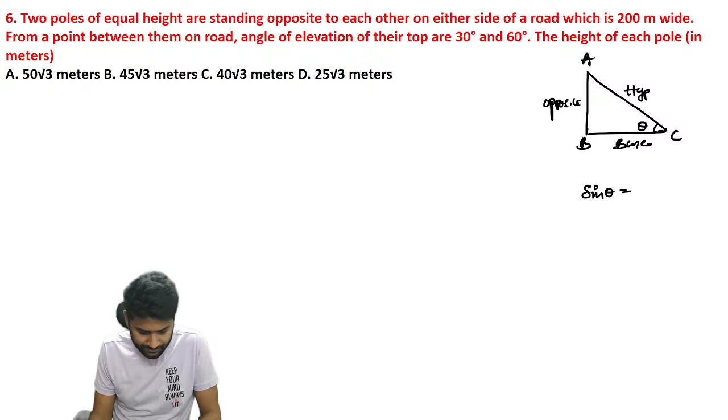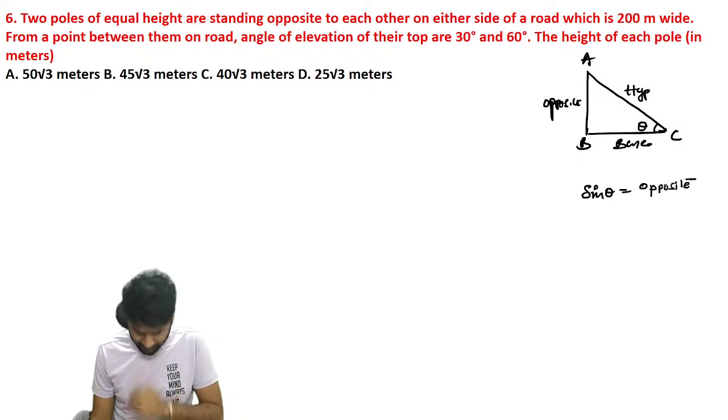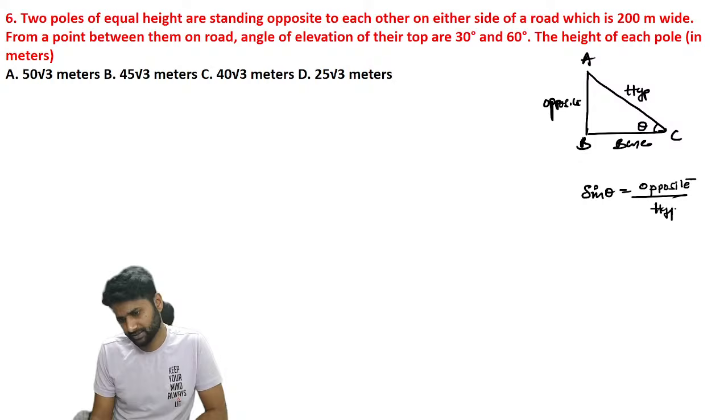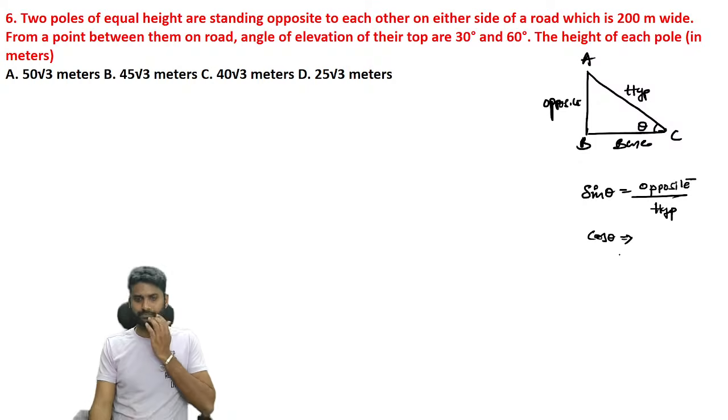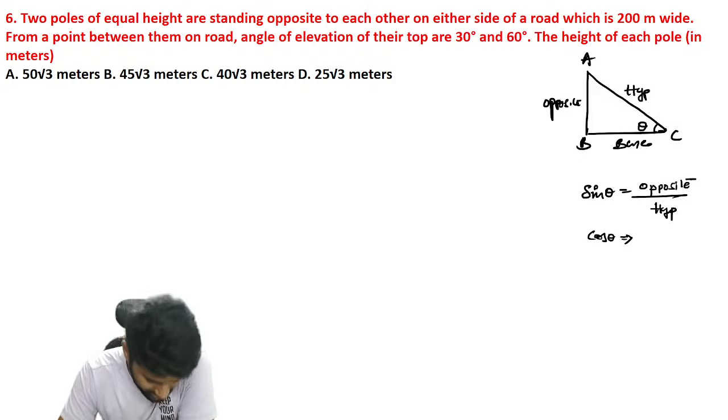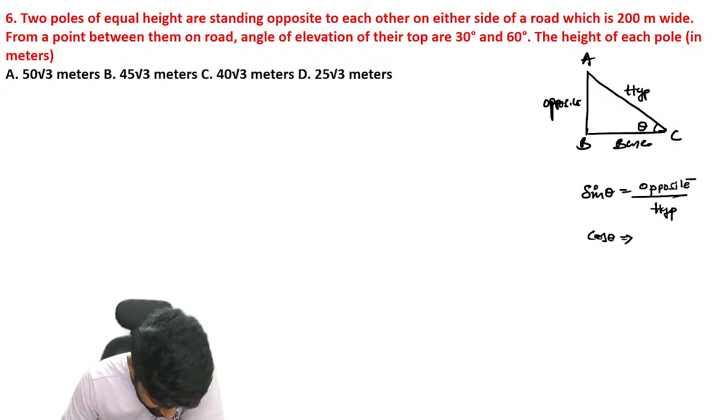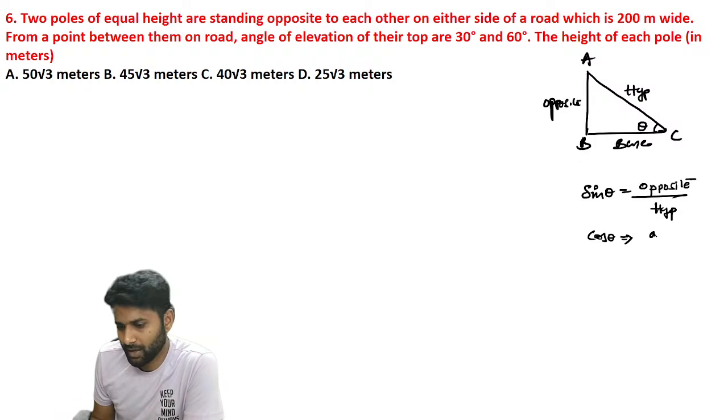What is sine theta? Sine theta is opposite divided by hypotenuse. What about cos theta? Can anyone please let me know in the comment section? Cos theta is adjacent divided by hypotenuse.